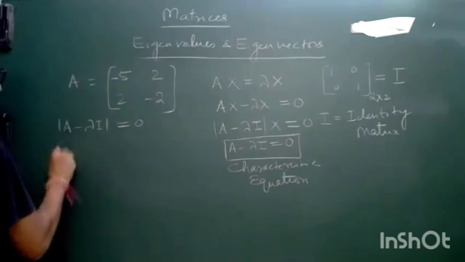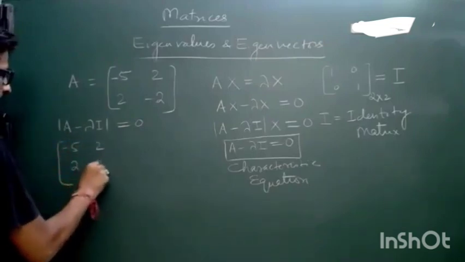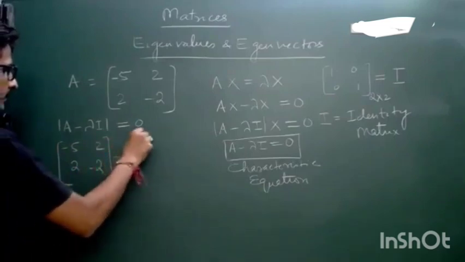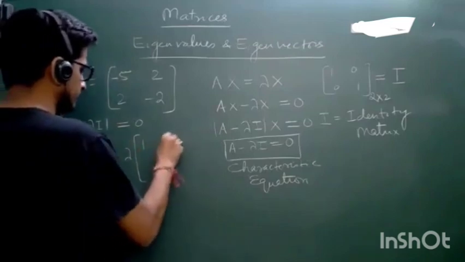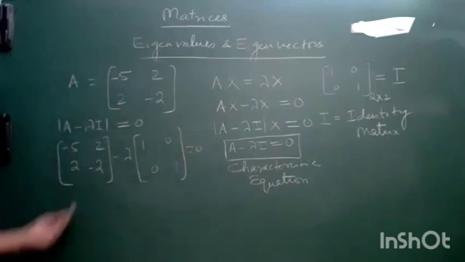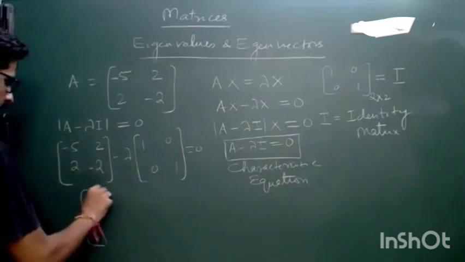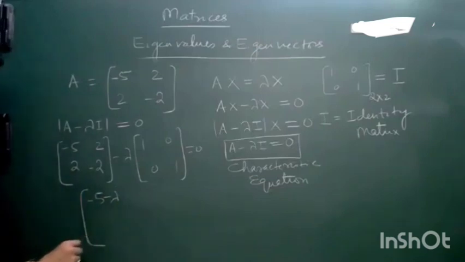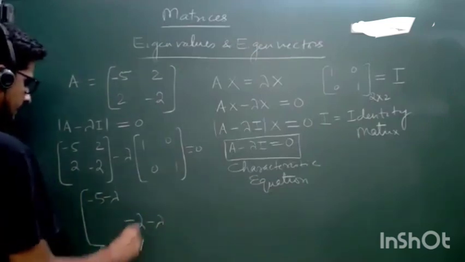So it will become A minus lambda I is equal to 0. So you can write it like this: minus 5 minus lambda, minus 2 minus lambda.